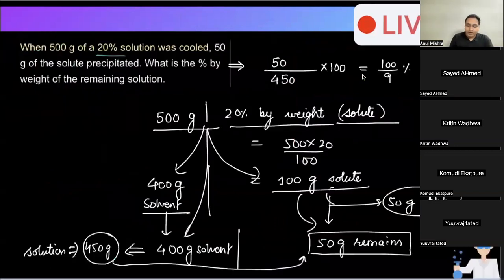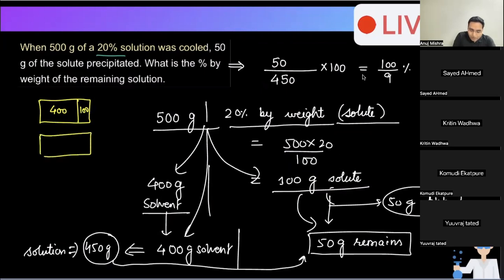And then we solved another interesting question, where a solution was given, which was cooled and 50 grams of solute was precipitated. What is the percent by weight of the remaining solution? So you started with 500 grams. Let's say this is the solution. Total 500, there is a 400 and 100 component. Later, this 400 solvent remains as it is.